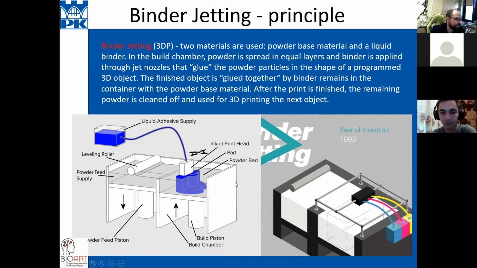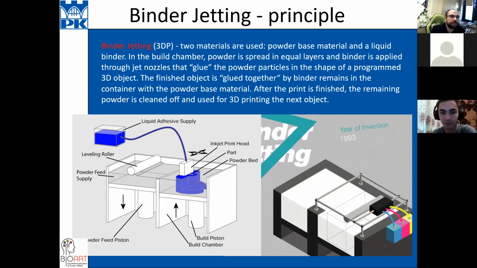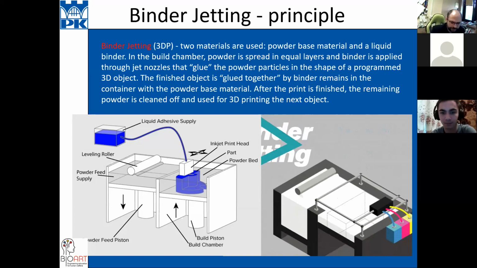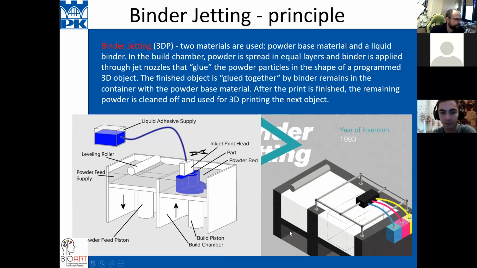But also they print this. They use these techniques to print something with hydroxyapatite. This is a substance that is biocompatible to organisms, and they use this technique to print some artificial bones, for example.